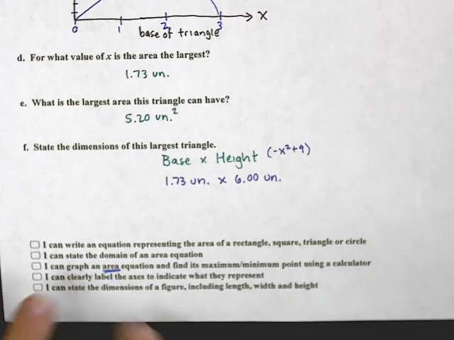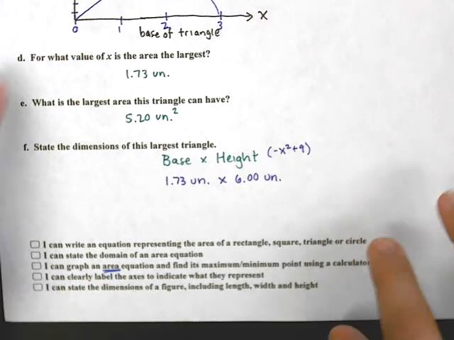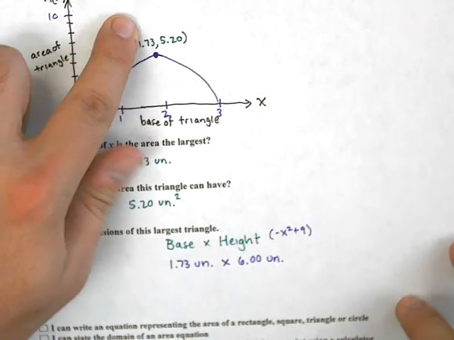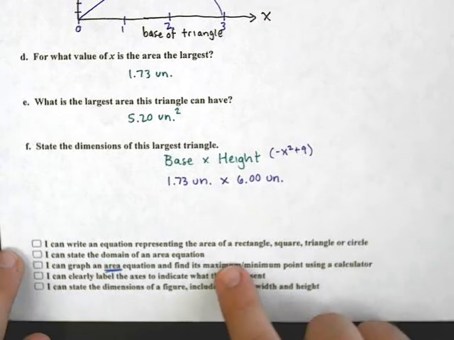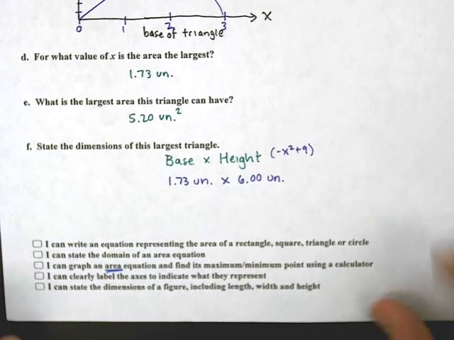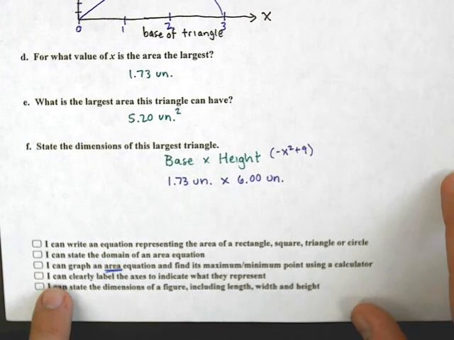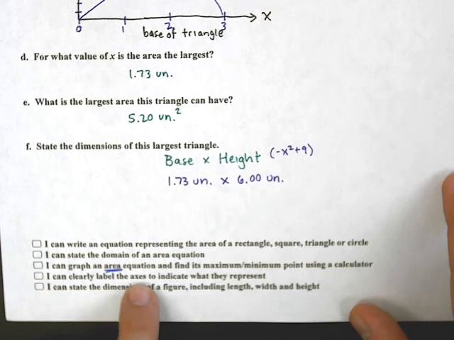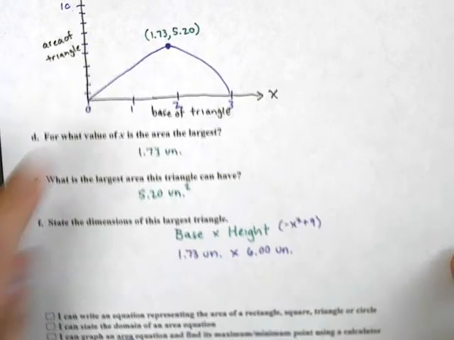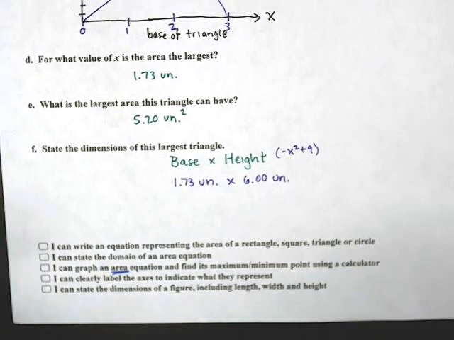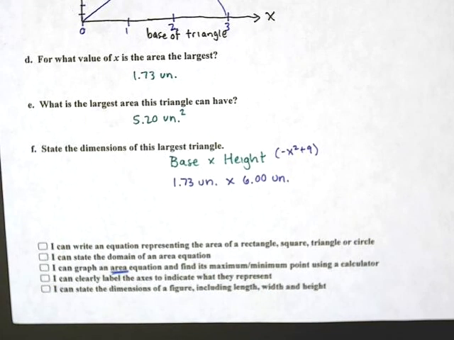Once you can graph that and sketch it, well, then you just use the calculator to get a max or min point. In this case, they were maximums. We talked about clearly labeling the axes, so we really understood what each piece represented. That's important. And then lastly, you can finish the problem up by being able to state the different dimensions.